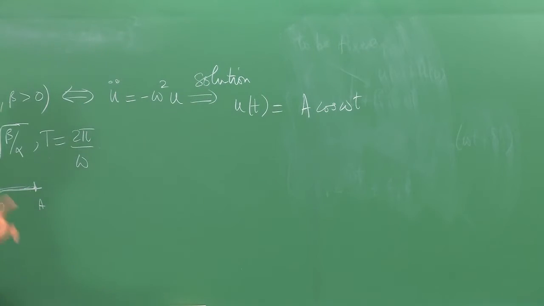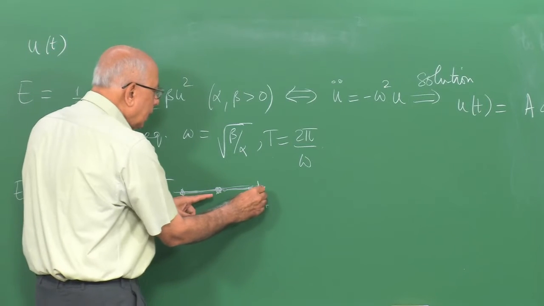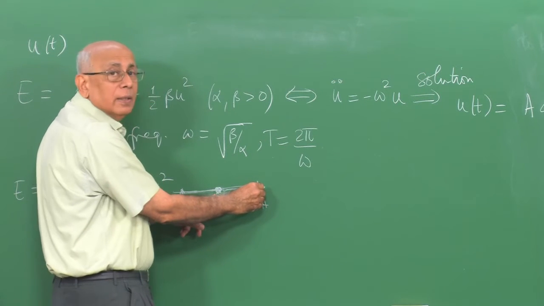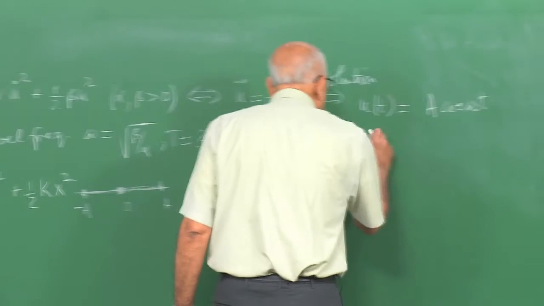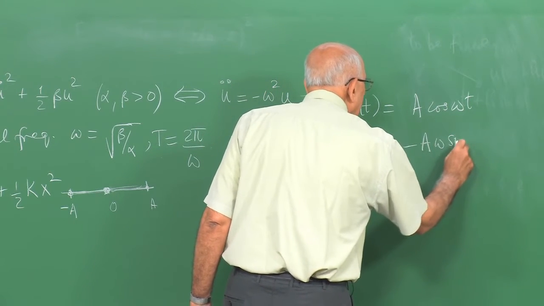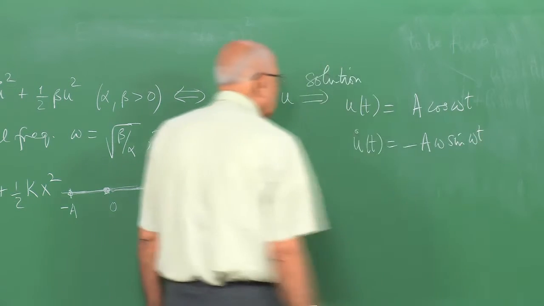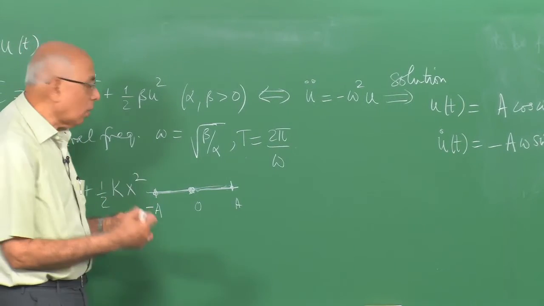This means that at time t equal to 0, u of 0 is a. So we started here at this point, and then u dot of t equals minus a omega sine omega t. This means at t equal to 0 you are starting from rest because u dot is 0.